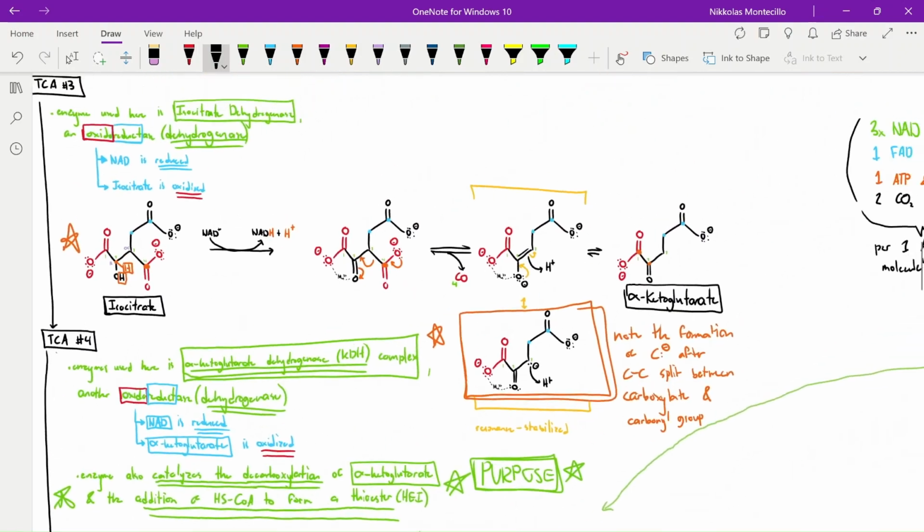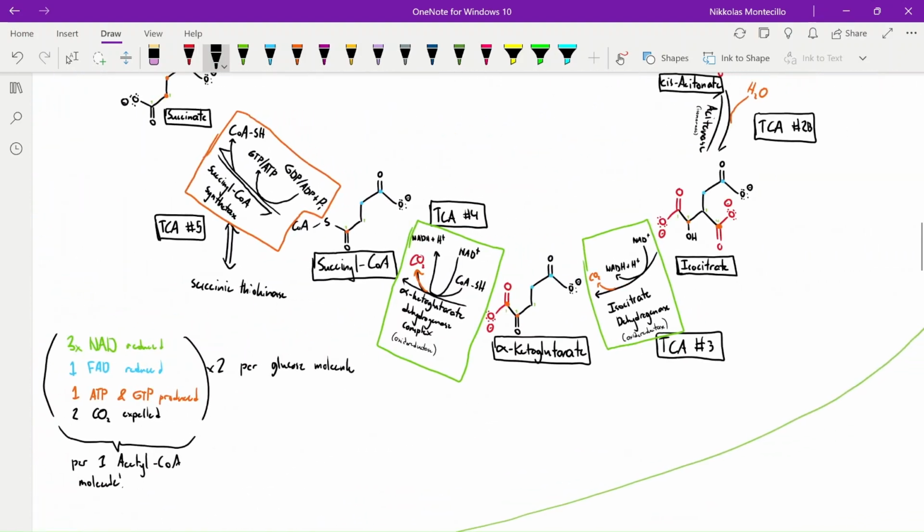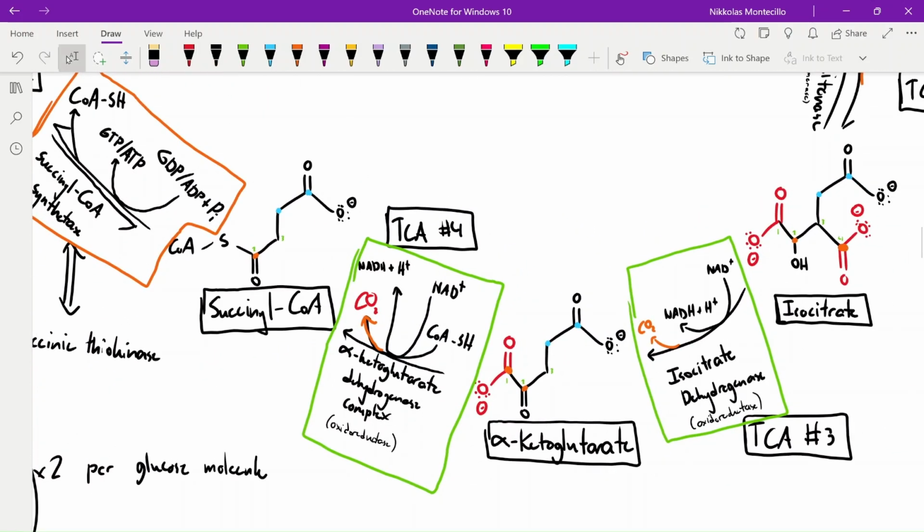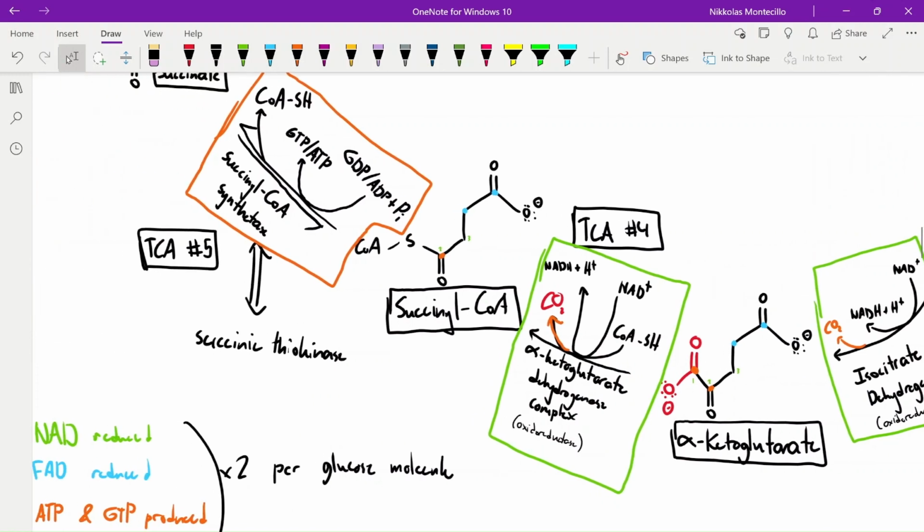Now, from alpha ketoglutarate, we see a second redox reaction, and we see here that a thioester is incorporated into the molecule, and we see a decarboxylation reaction as well, where CO2 is removed from the parent molecule, which is alpha ketoglutarate. We also see that NAD is reduced to NADH.